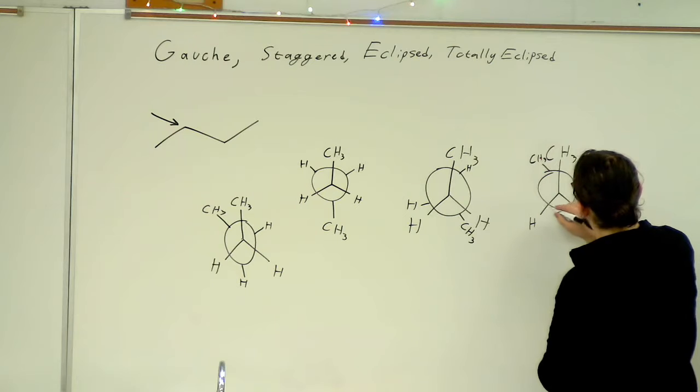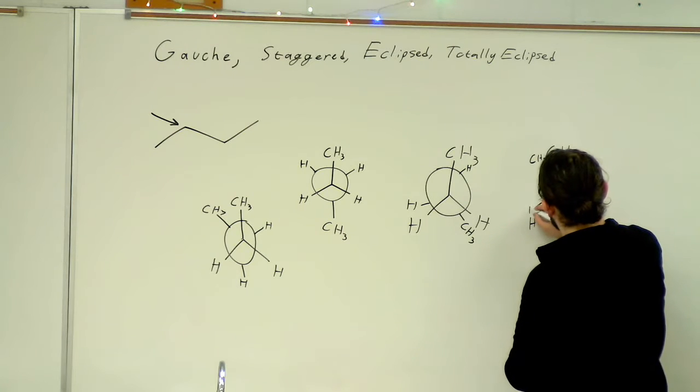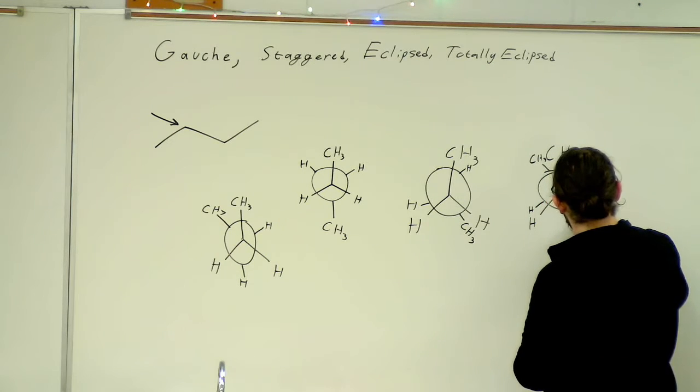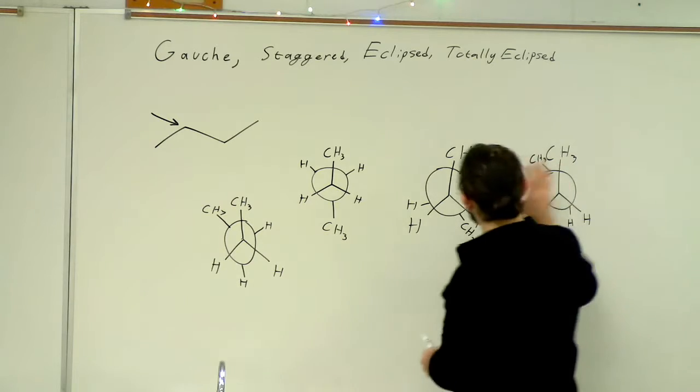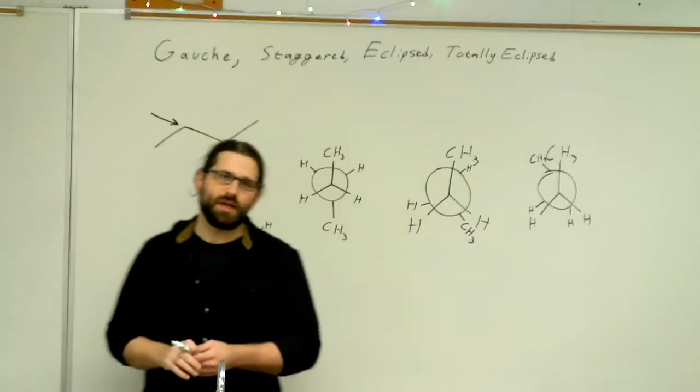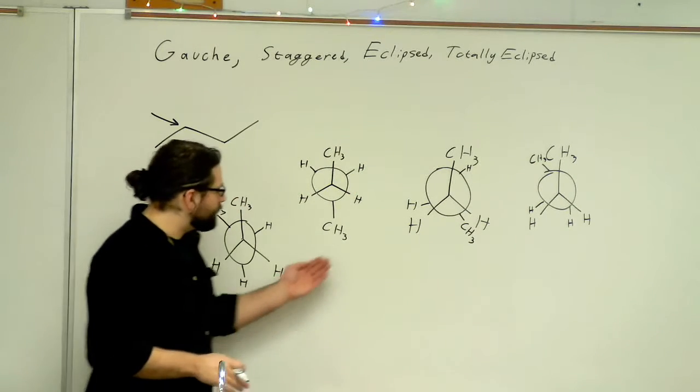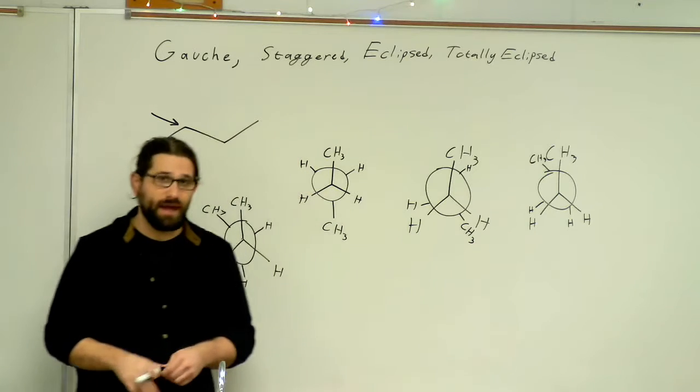I'm just drawing these a little off to the side, but just remember these are eclipsed. So that's going to have a much bigger energy change. And so I've got really 4 different types of conformations I can have here.